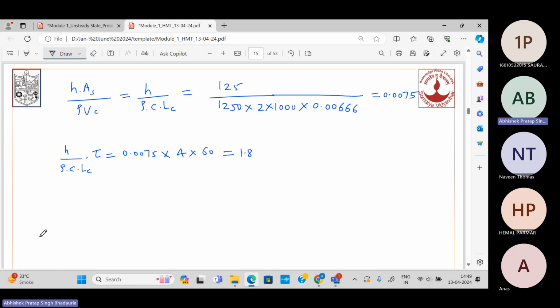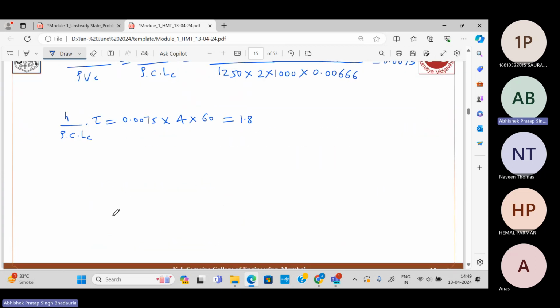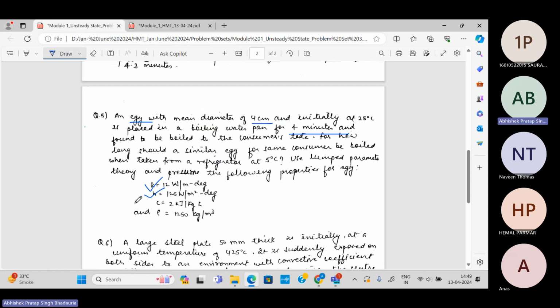Let's put all these values in this expression so we can easily solve it. So T minus TA. An egg with mean diameter 4 centimeter initially at 25 degrees Celsius. That means the initial temperature Ti is 25. It's placed in a boiling water pan for 4 minutes.